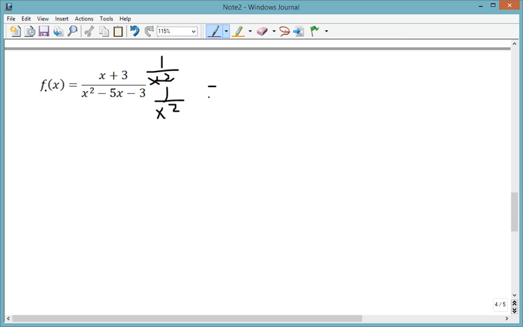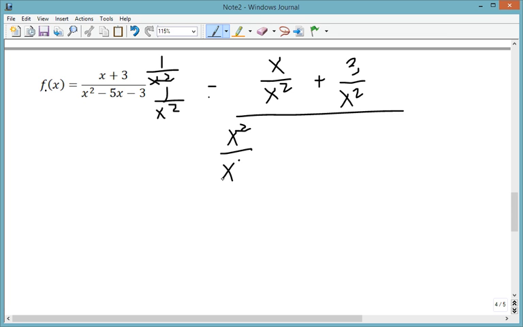So I would have x over x squared plus 3 over x squared on top, and 5x over x squared minus 3 over x squared on the bottom.